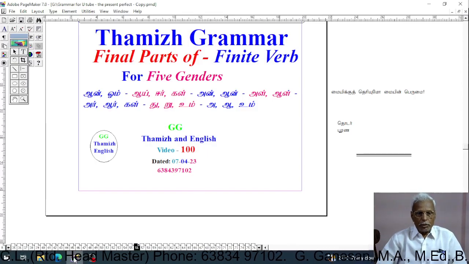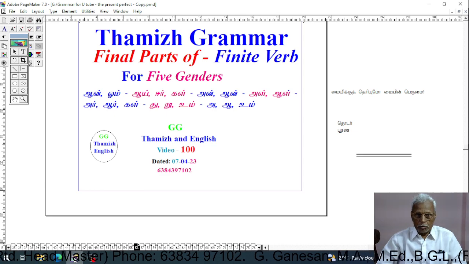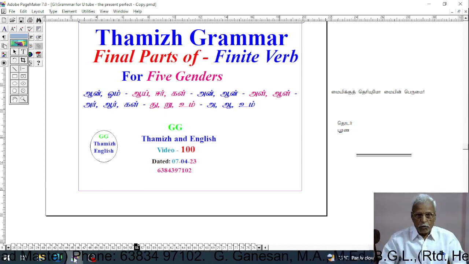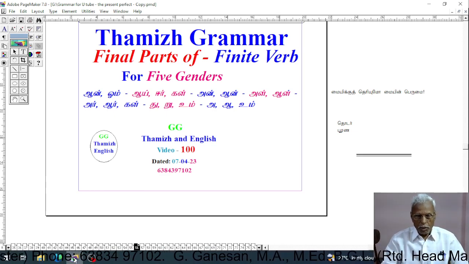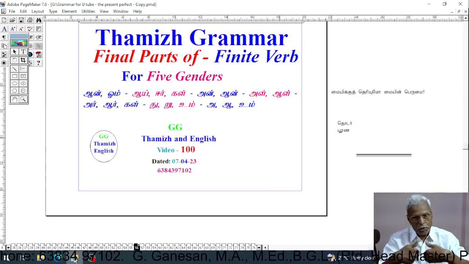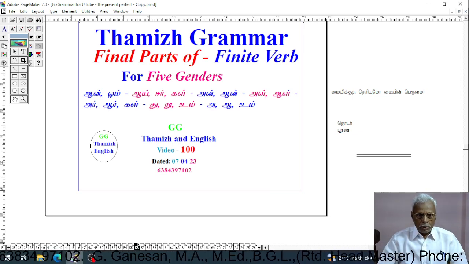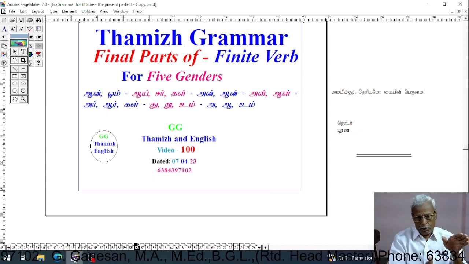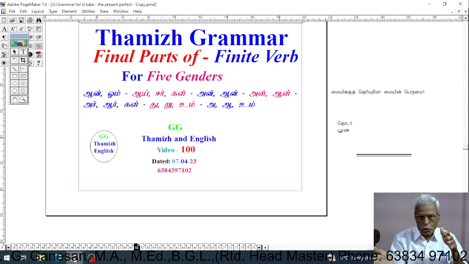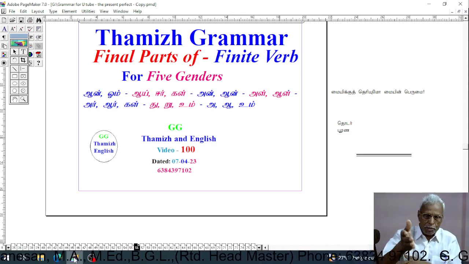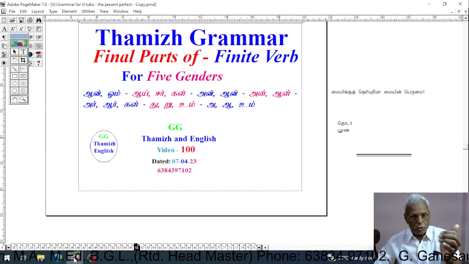Tamil grammar: final parts of the finite verb for five genders and three persons. An, ēn for first person singular; ōm for first person plural; āy, ī for second person singular; īr, īrkal for second person plural.